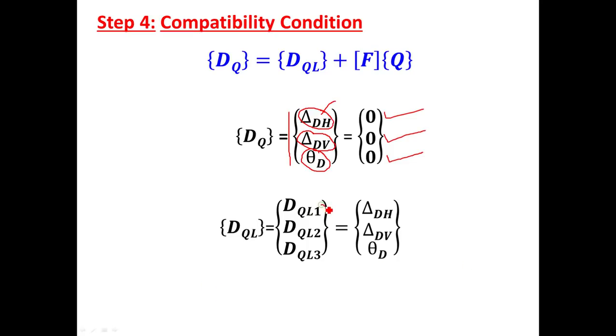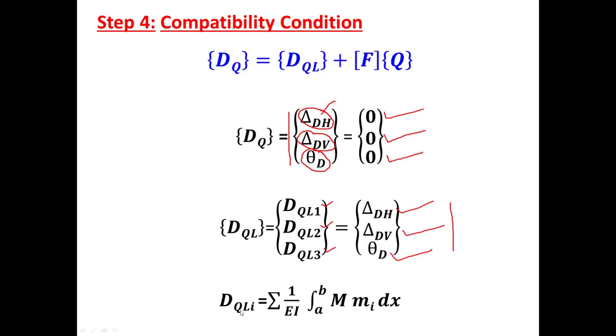So dql1 represents horizontal displacement at D, dql2 represents vertical displacement at D, and dql3 means rotation at D. These three elements we have to calculate using the integration formula that we have already used so many times in the previous problems. So dql is equal to capital M into small m.